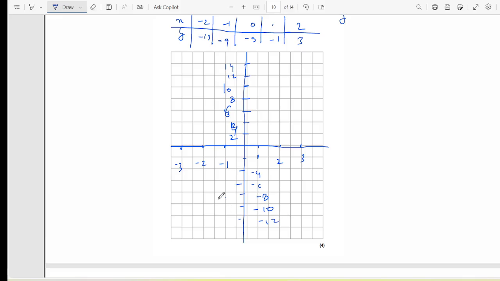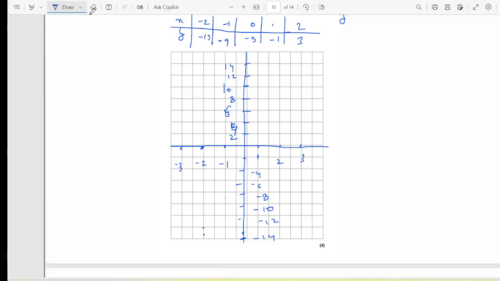So x is -2 and y is -13. When x is -2, y is -13, which would come there, right? So the point is -2 and -13.